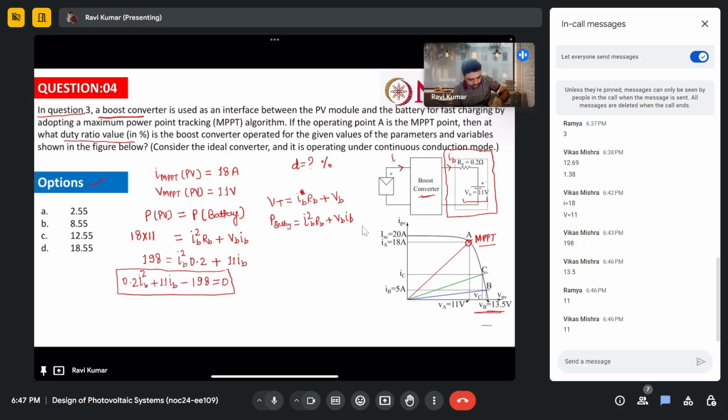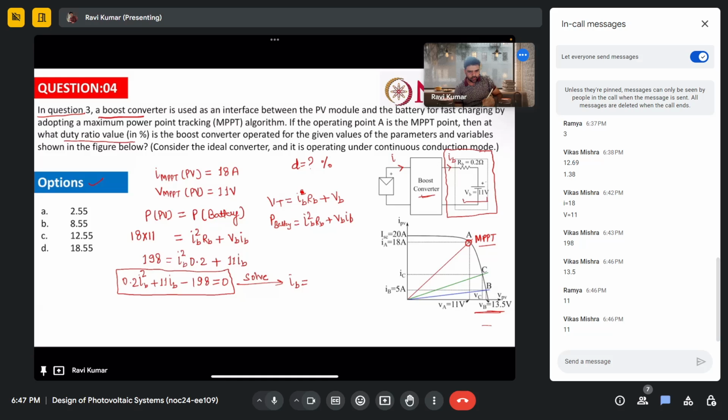Which kind of equation is this? This is a quadratic equation. Solve this equation and get the value of IB. Do you know how to solve a quadratic equation?